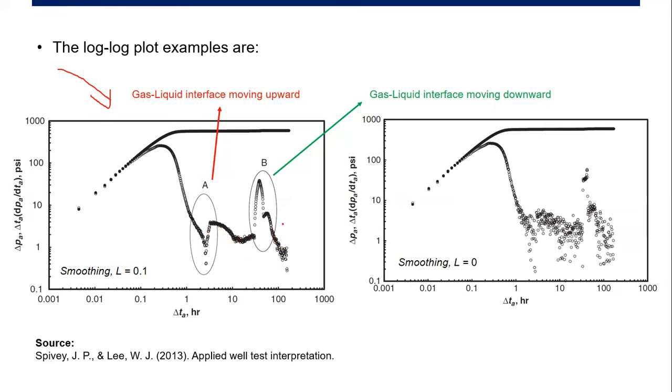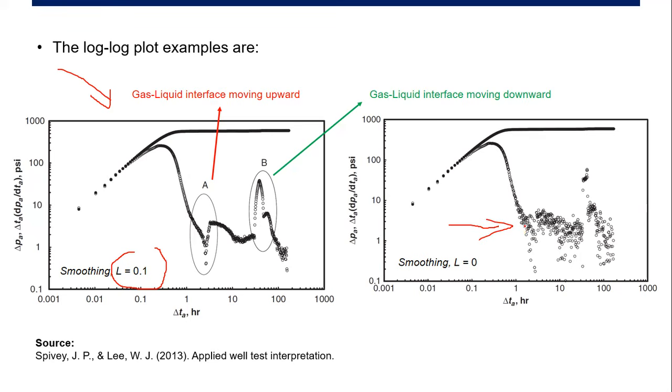In the left figure, we have this picture because we use a smoothing factor of 0.1, but without smoothing, we have this one. Okay, and of course, it will disturb our evaluation, our interpretation.